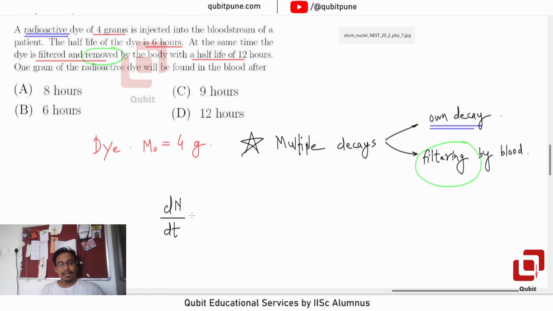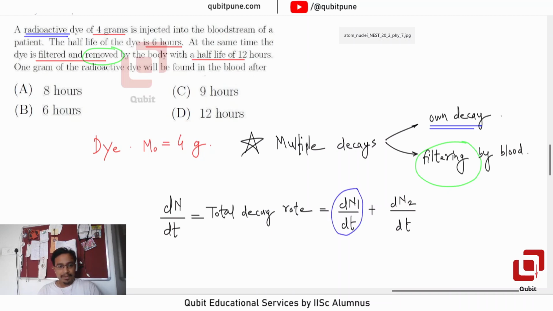Now in such cases, what is the total decay rate? There are two decays now, so we must have them as dN1 upon dt plus dN2 upon dt, where N1 is due to the own decay and N2 is due to the filtering. Have you understood this part?